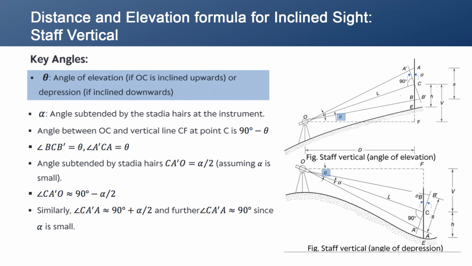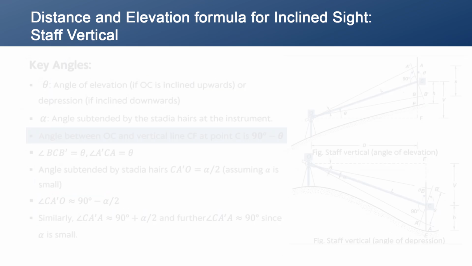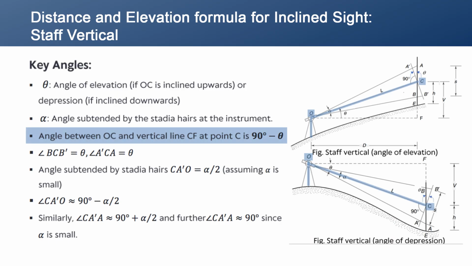Theta is the angle of elevation if OC is inclined upwards, or it is an angle of depression if OC is inclined downwards. And alpha is the angle subtended by the stadia heads at the instrument. We can use trigonometry to understand how staff intercept AB relates to the distance OC.